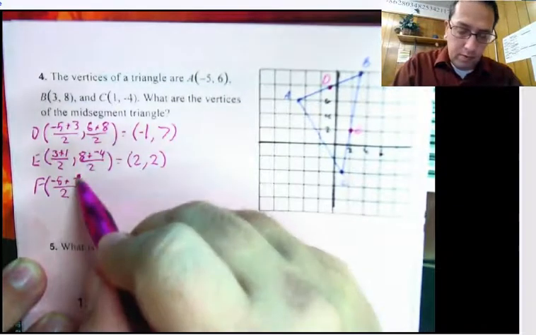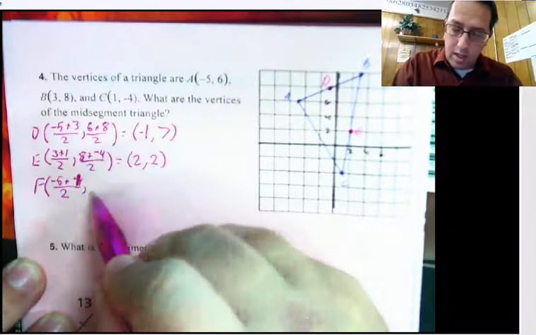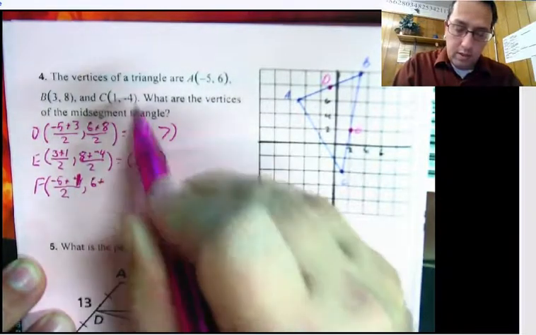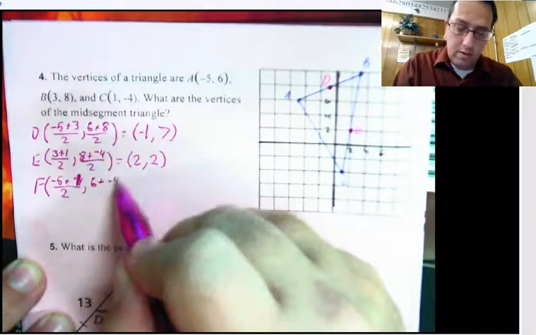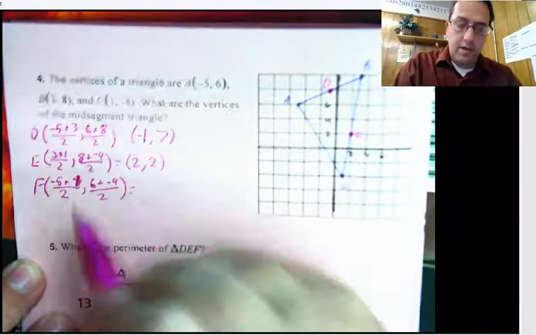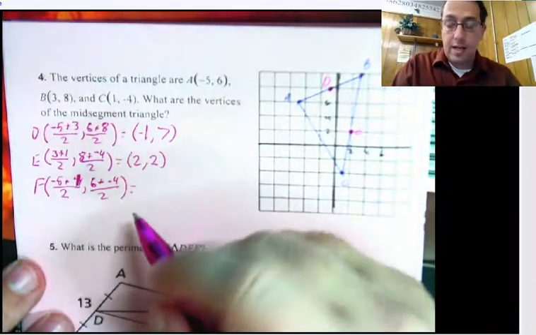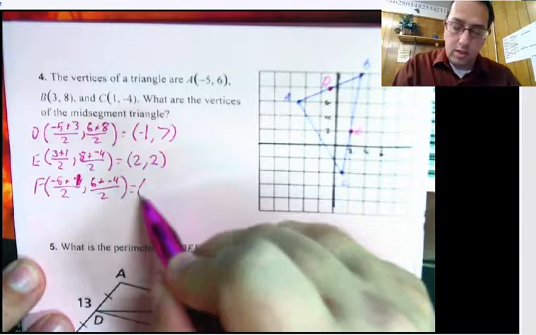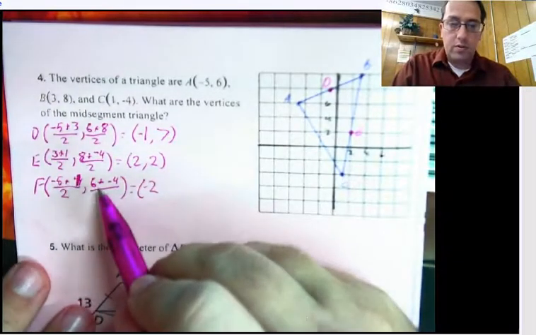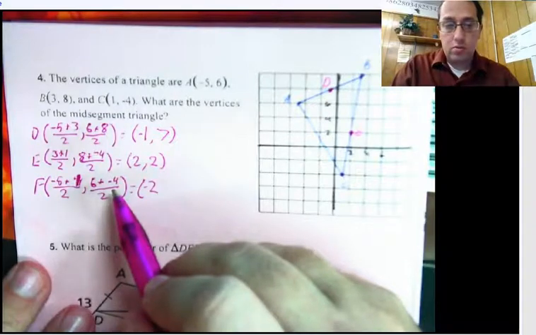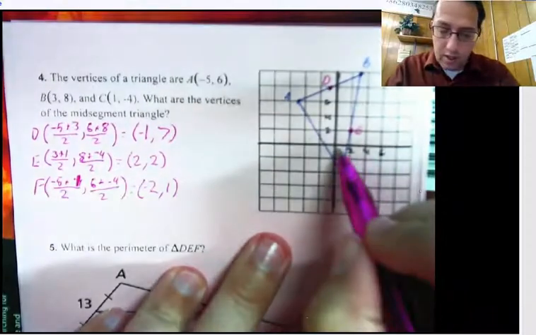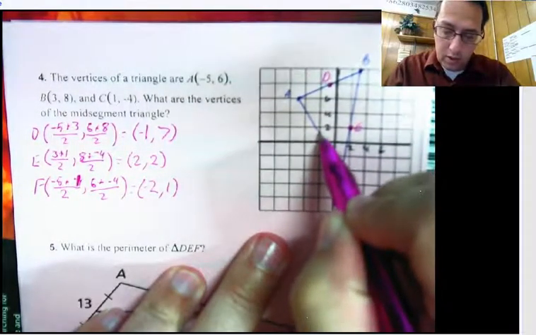There we go. Positive 1. And now the y's. So y1 is 6 plus y2 is -4, divided by 2. Okay, so -5 plus 1 would be -4, divided by 2 is -2. And then we have 6 plus -4, so 6 minus 4 is 2, divided by 2 is 1. So that means this is going to be at -2, 1.